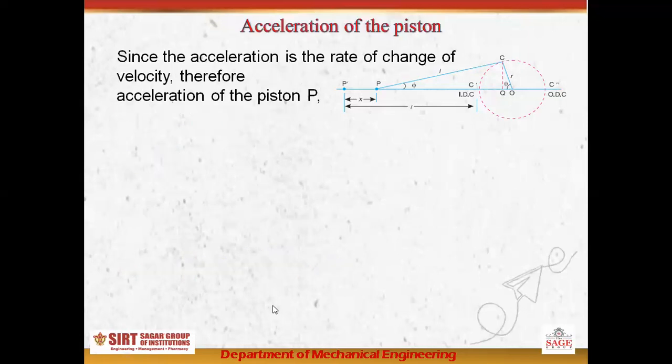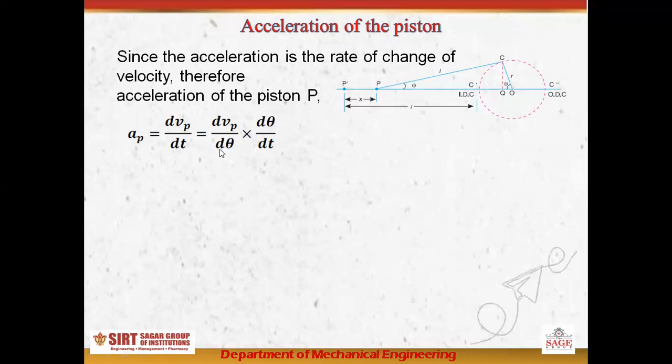Now we have to calculate the acceleration of the piston. As we know, acceleration is the rate of change of velocity. Therefore, the acceleration of the piston, Ap, is equal to dVp upon dt. That means the differentiation of velocity with respect to time gives the acceleration of the piston. It can also be written as dVp upon d theta into d theta upon dt.